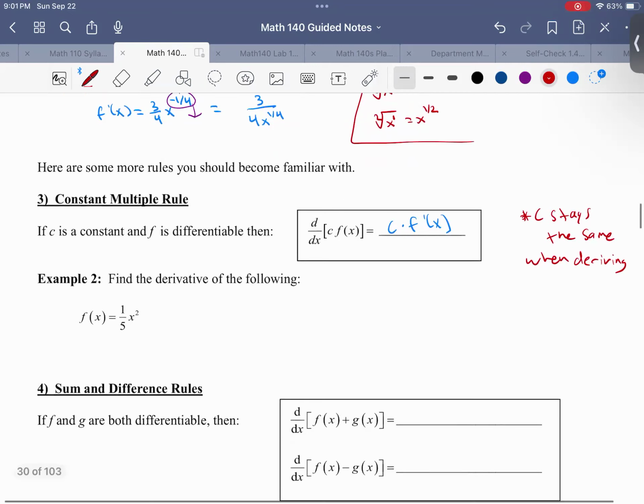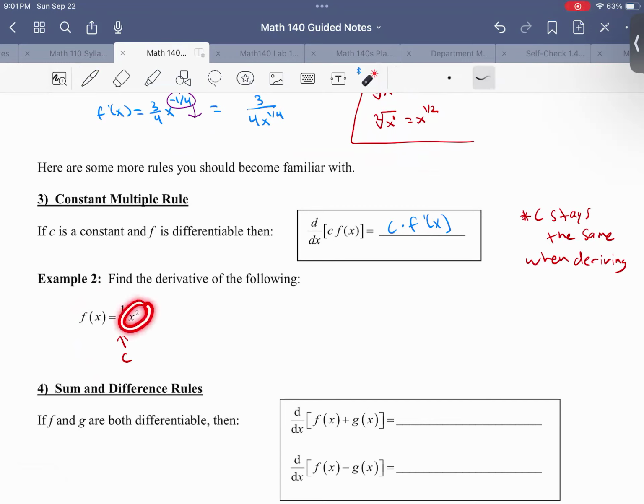Okay, so let's check out an example like this. f of x equals 1/5 x squared. I want to take the derivative of this, right? In this situation, this 1/5 is your C, where it's going to be unchanged. It stays the same. So what we're really going to do is just take the derivative of this x squared right here. So f prime of x is 1/5 stays the same, but I'm taking the derivative of that x squared.